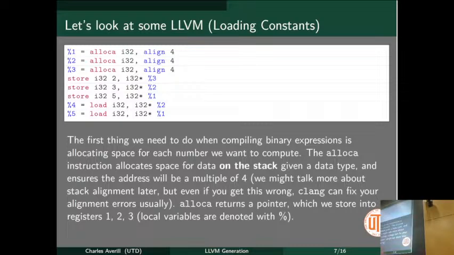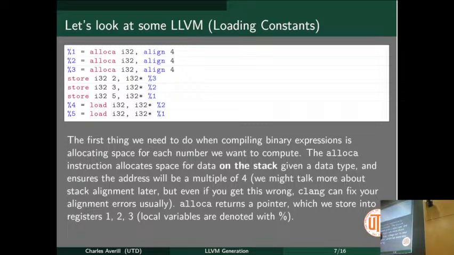These next 3 statements, store, remember that's the only way you can update those values. So we've got store I32, that's our data type. We're going to store the value 2. And then you're going to see that we actually store it as a pointer, which is that I32 star. And we're going to store those into registers 3, 2, and 1. Again, it seems a little convoluted, but this is how I got it to work.